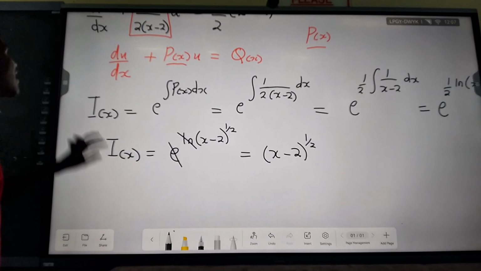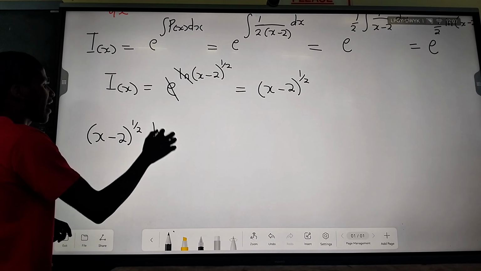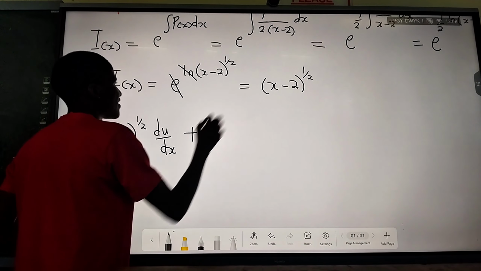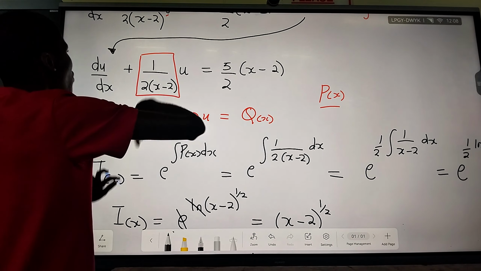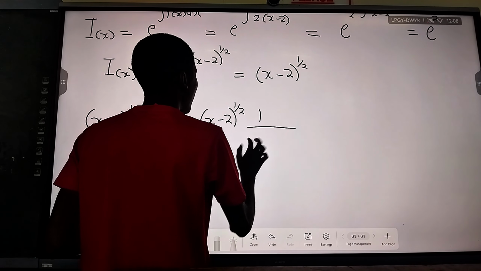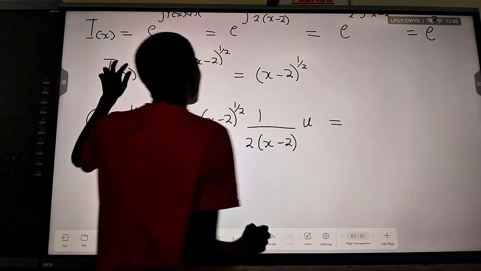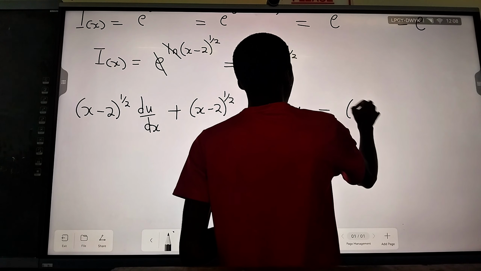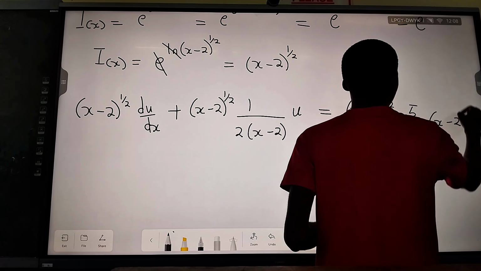So this is going to be the integrating factor (x minus 2) to the power half times du/dx, plus the integrating factor (x minus 2) to the power half times 1 over 2(x minus 2) times u, is equal to the integrating factor (x minus 2) to the power half times 5 over 2(x minus 2).